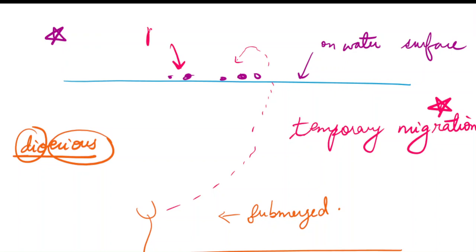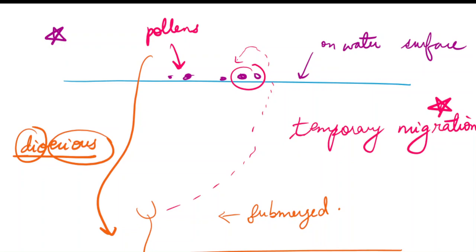These are the pollens, so the flower will go up to the water surface, take the pollens, and then come back to its original position. So there is a temporary migration. So this is about epihydrophily.